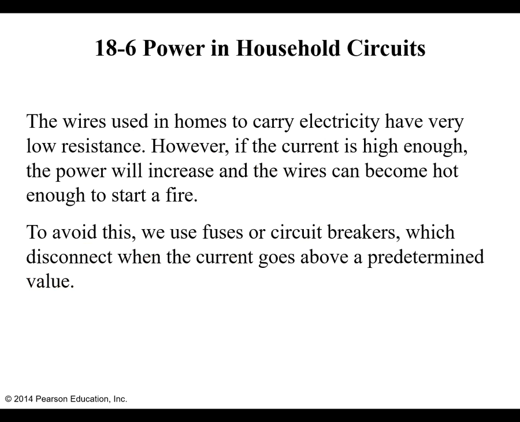This is good because the lower the resistance, the less heat is produced, and so it's safer to have low resistance wires. However, because of this equation here, if the current is high enough, then the power will increase and wires can become hot enough to start a fire.